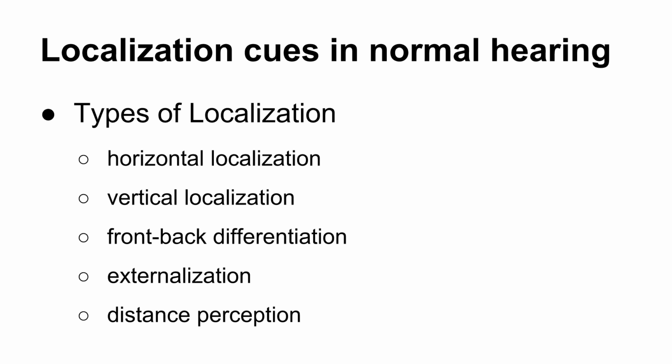Externalization is a little bit of a different one, just the general idea that we can tell that sound is coming from somewhere outside of our own head, outside of our own body. And then distance perception would be being able to tell how far away a sound or an object is from you.